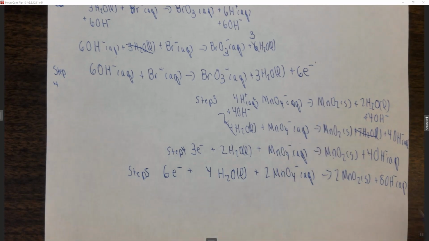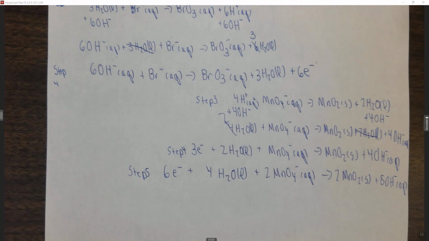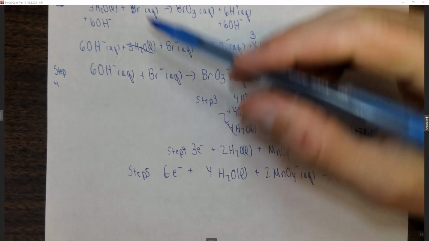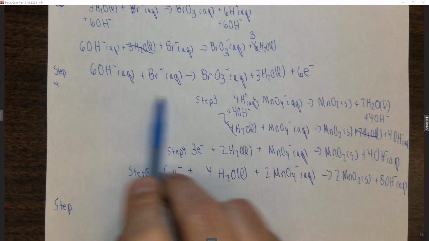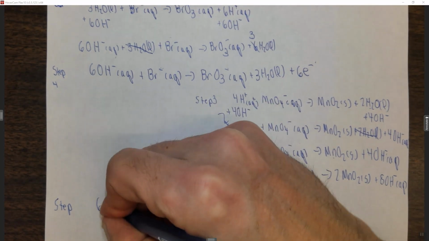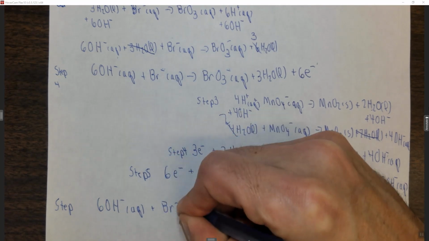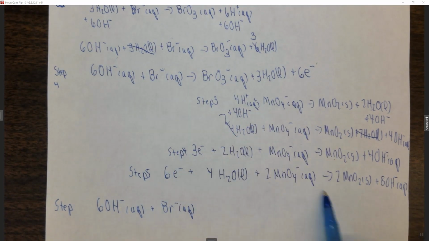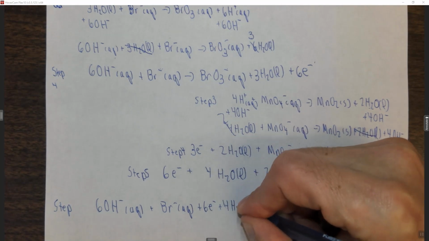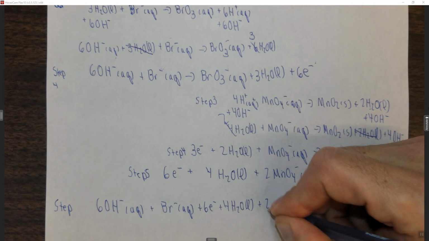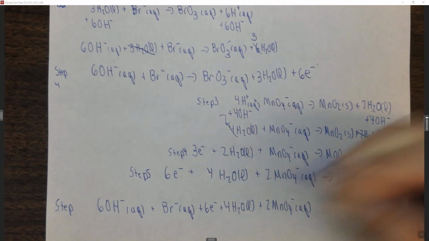Now in this case, there's a lot of stuff to cancel out, so it's probably easier to just write all the reactants on one side and all the products on the other, knowing that you're going to have to write the reaction twice. So for step 6, the first thing I'm going to do is write all the reactants of this one, which is 6 OH minus aqueous plus Br minus aqueous. Now all the reactants of this one, plus 6 electrons plus 4 H2O liquid plus 2 MnO4 minus aqueous yields.